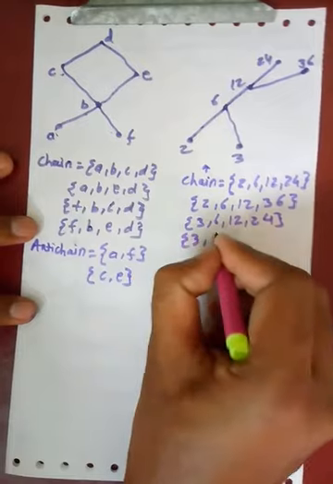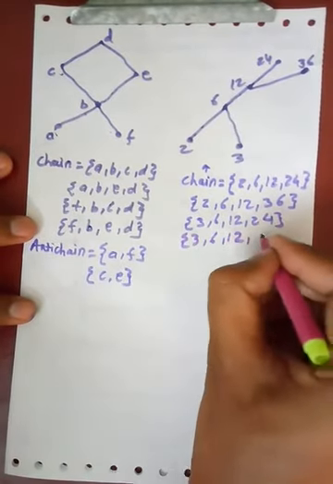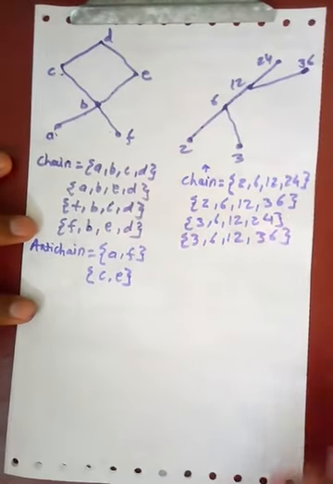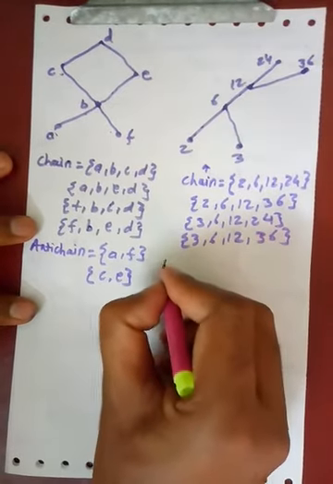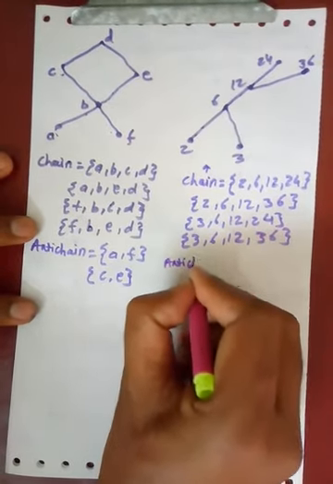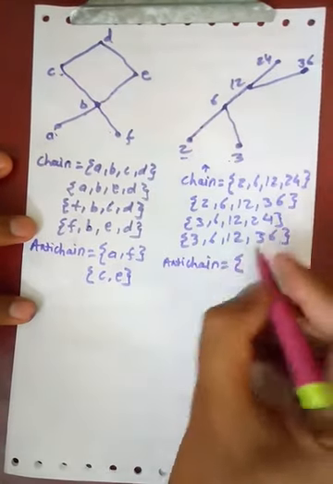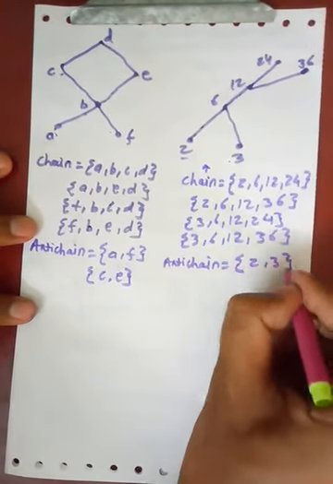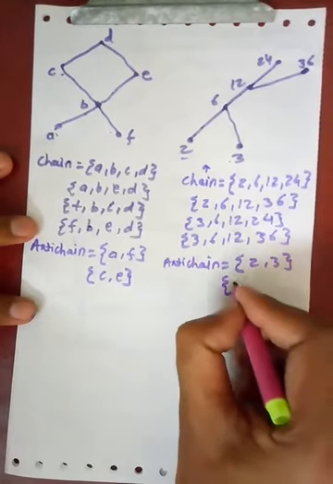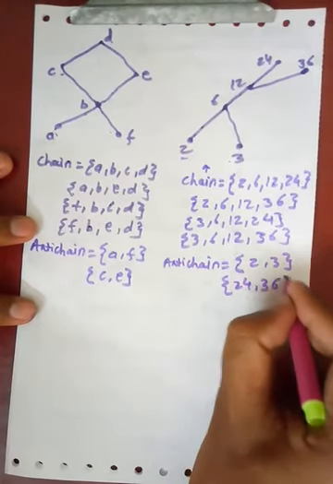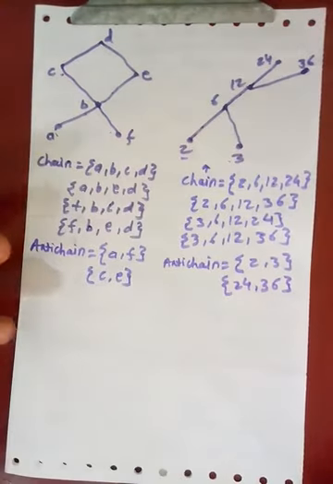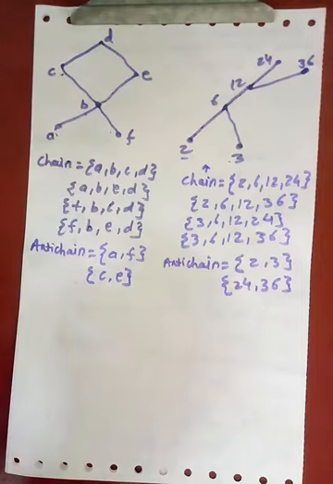Again 3, 6, 12, 36. These are the chains. And the anti-chain is 2 comma 3, and the second anti-chain is 24, 36, right? So these are chains and anti-chains.